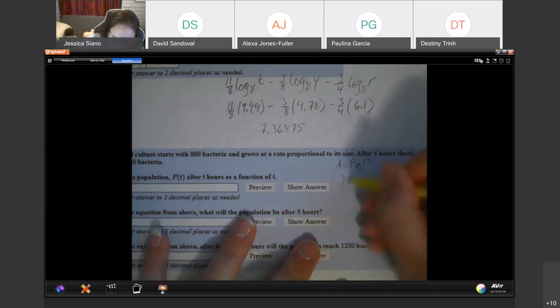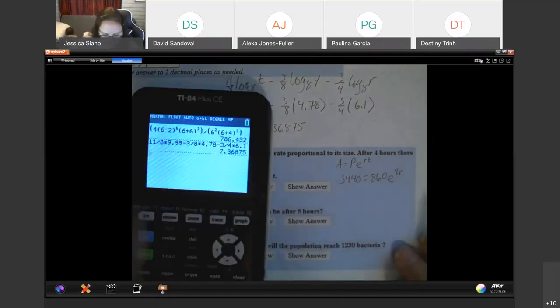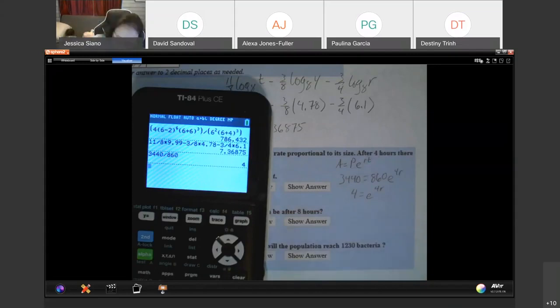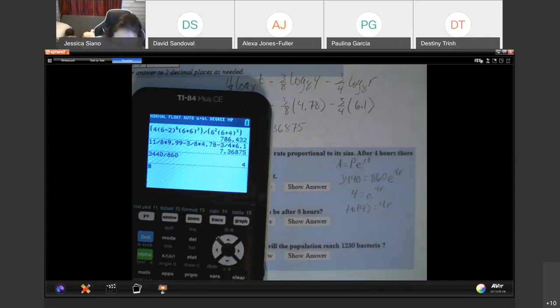So 3440 equals 860 e to the 4r. Divide both sides by 860. So then the ln of 4 equals 4r. So my rate is 0.3466.